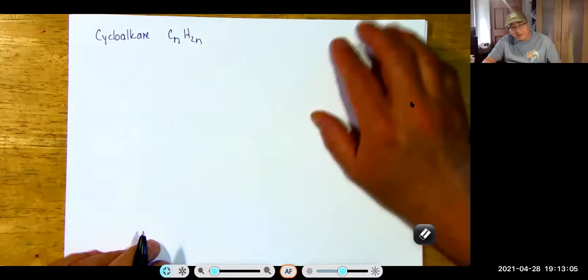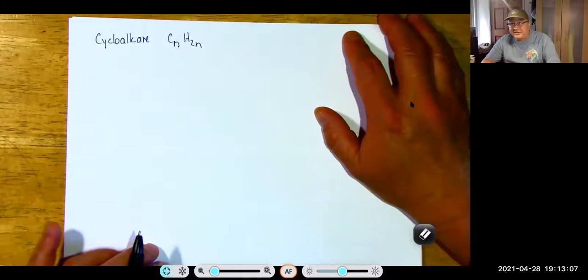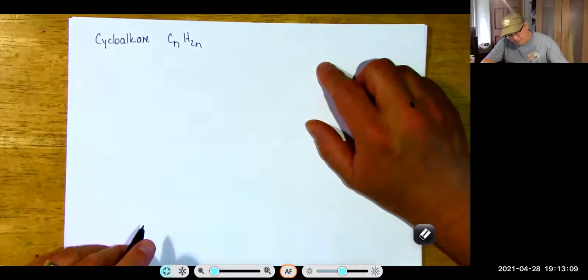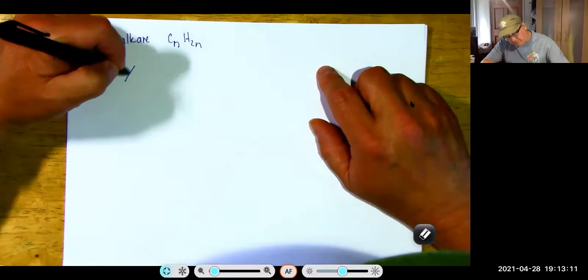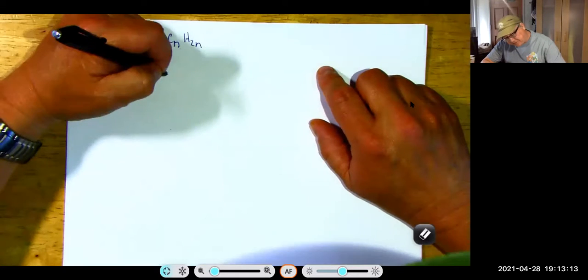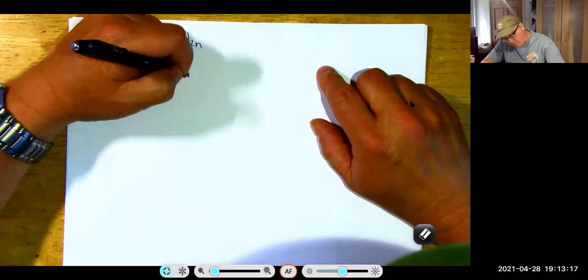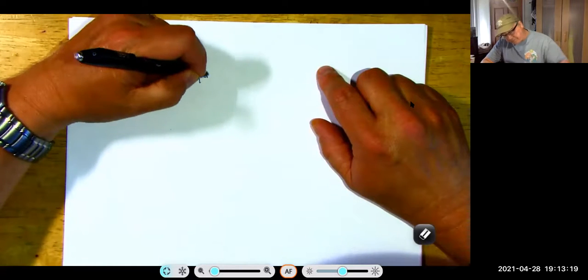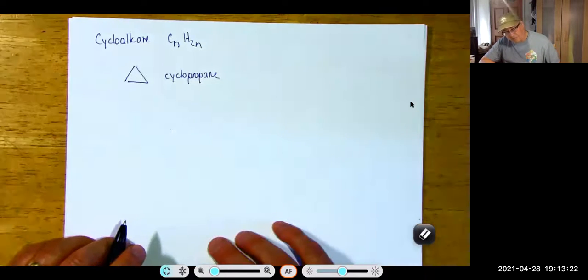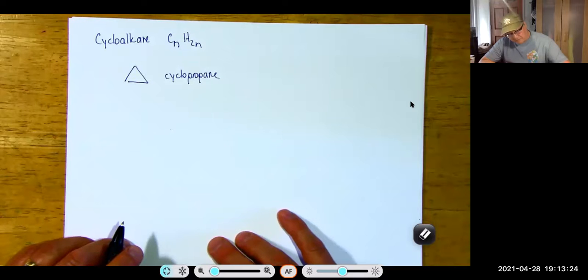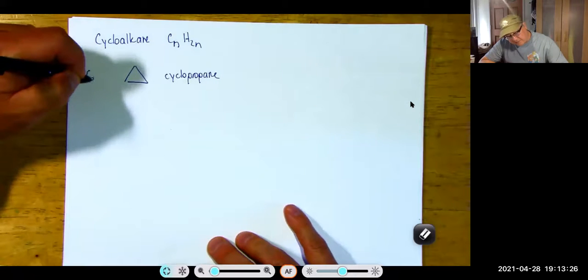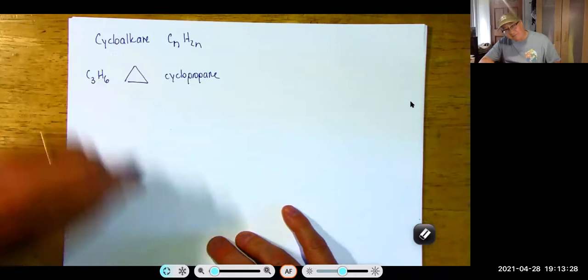Cycloalkanes, just like alkenes, this is the simplest. So this is C3H6.